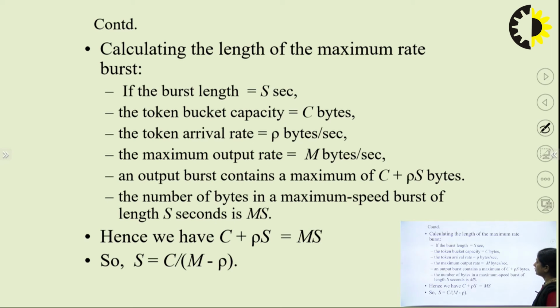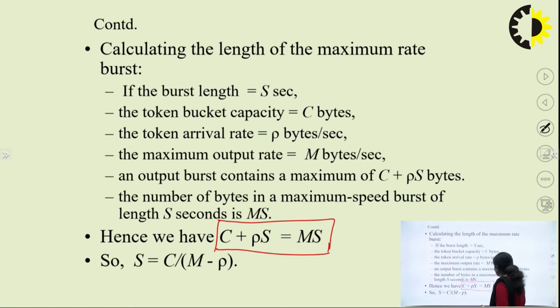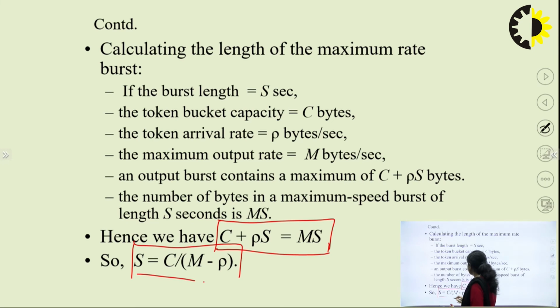If we need to calculate the length of the maximum rate burst, we have a formula: C + rho S = m S. So we can find the value of S as S = C / (m - rho). What are C, m, rho and S?